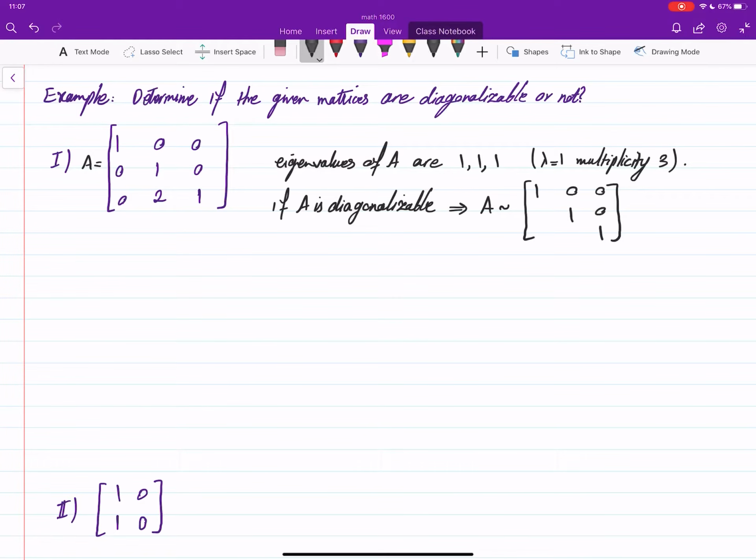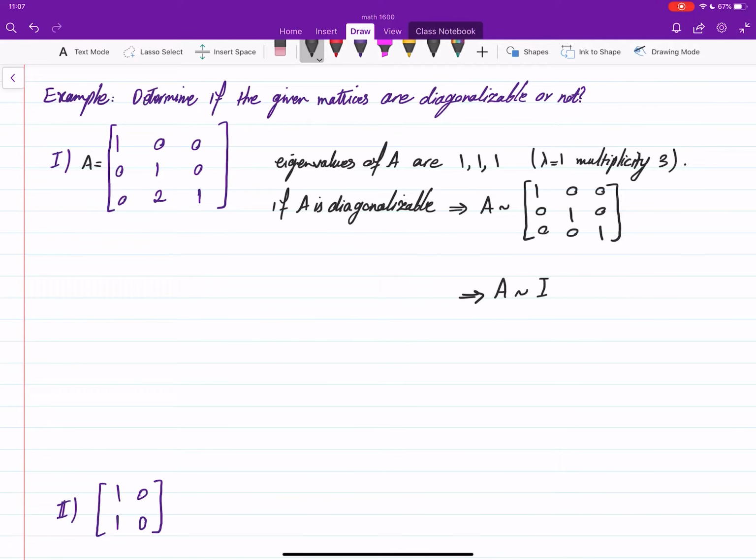Everything else is 0. This matrix is familiar. This is the famous identity matrix. This means that if A is diagonalizable, it's going to be similar to the identity matrix.